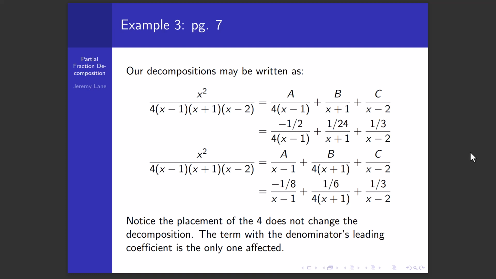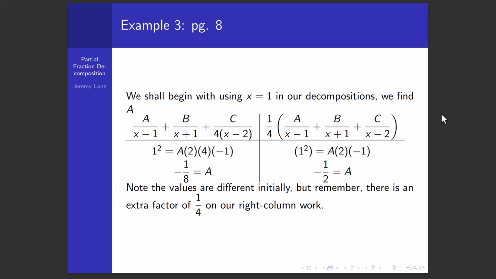And then plus 1/3 over x minus 2 again, because we didn't have a division by 4 in these examples here. The placement of 4 does not change the decomposition. It merely changes the value of the coefficient where that denominator has been altered if I choose to incorporate that leading coefficient as one of these denominators.